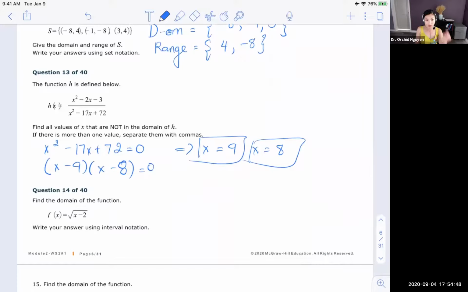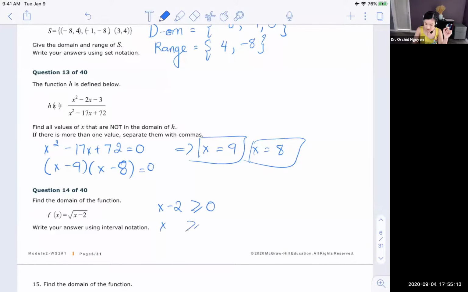For radicals, for square roots, you do not want a negative under the radical, because you cannot take the square root of a negative. The square root of a negative number is not real. So we take the inside, the radicand, and set it greater than or equal to 0.